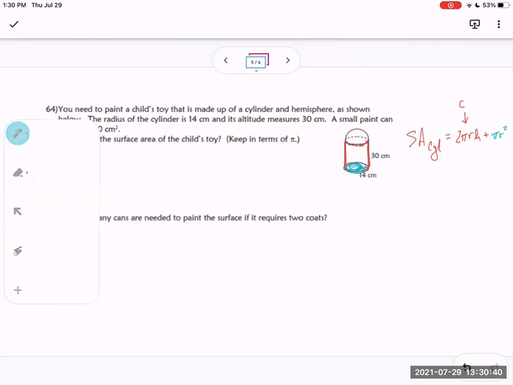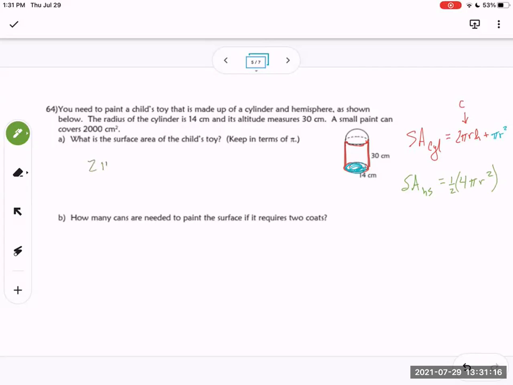Now the surface area of the sphere, and it's really a hemisphere, so I'm going to write HS because it's half of the sphere. The surface area of a sphere is 4 pi r squared, but I'm going to take half of that because it's a hemisphere. So basically it's just 2 pi r squared. Now let's plug in everything we need. The radius is 14.